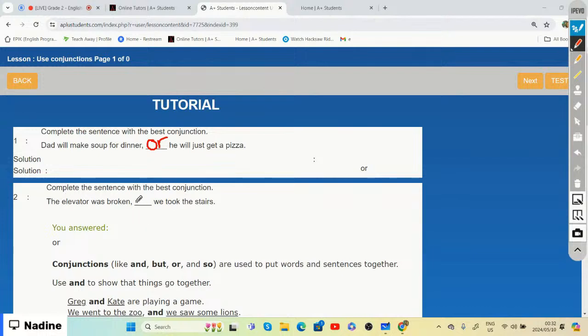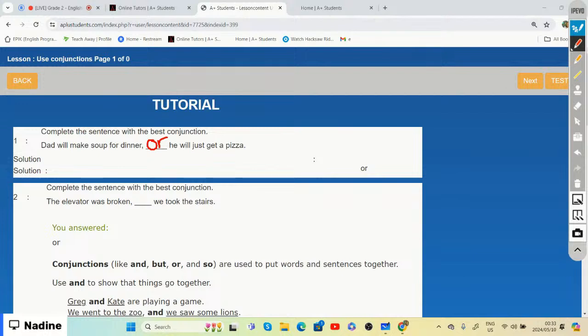The elevator was broken. We took the stairs. Do we say the elevator was broken and we took the stairs? Do we say the elevator was broken but we took the stairs? The elevator was broken or we took the stairs? Or is it the elevator was broken so we took the stairs?